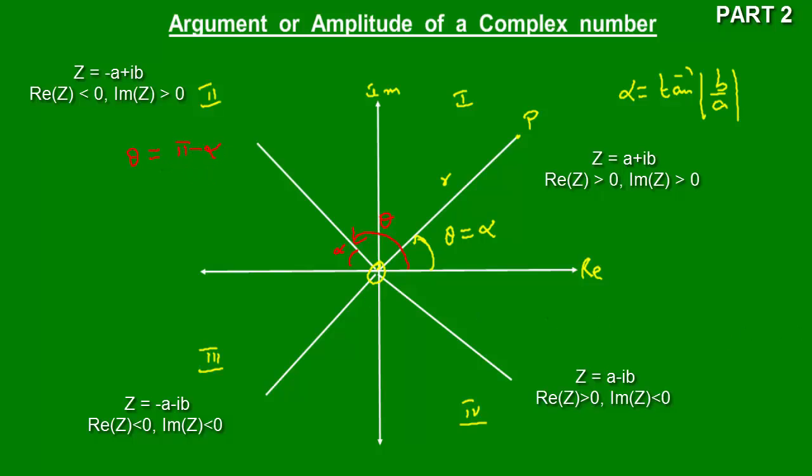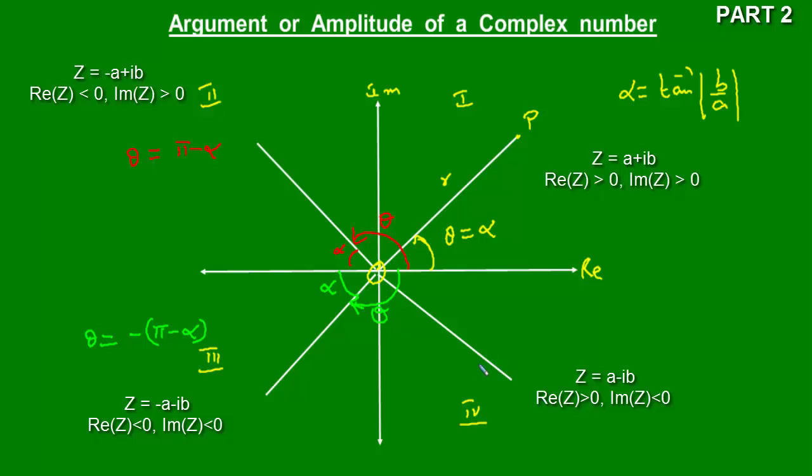And if it lies in the third quadrant, the angle is alpha and this angle is theta, right? Therefore, theta in the third quadrant is equal to negative pi minus alpha, because it is measured in the opposite sense.